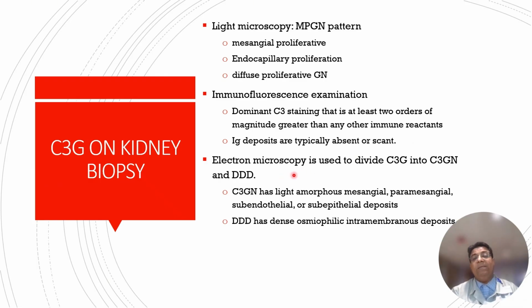Electron microscopy is used to divide C3 glomerulopathy into C3GN and dense deposit disease. Dense deposit disease has dense osmophilic intramembranous deposits, and C3GN has light amorphous mesangial, paramesangial, subendothelial, and/or subepithelial deposits.